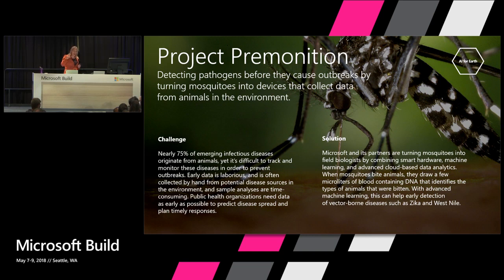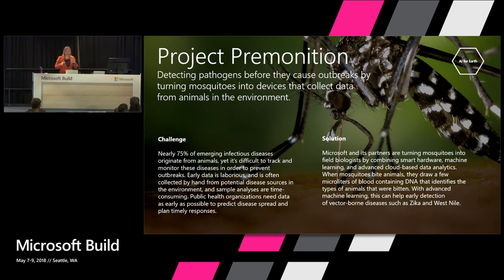So they're collecting all of this data about people as they fly around. And so if we capture those mosquitoes, we can take the blood that they've drawn and, using our genomics pipeline, reverse engineer it to tell exactly what animal it came from and what diseases that animal is carrying. So that's the work behind Project Premonition.